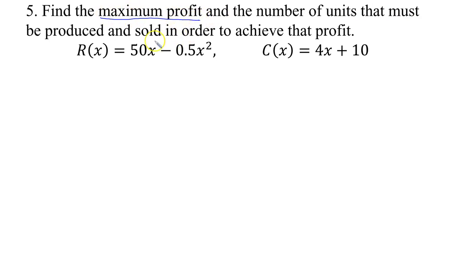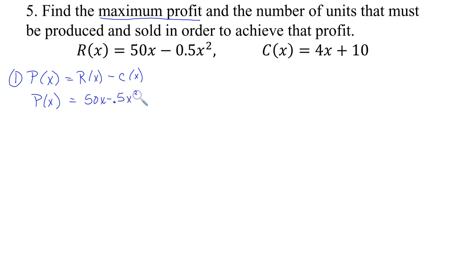But before we can do anything else, the very first thing that we have to do is find that profit function, remembering that profit is indeed our revenue function minus our cost function. And so our profit function for this problem is going to be 50x minus 5/10 x squared minus, I'm going to tell you, be very careful making sure that you do put this in parentheses, or just making sure that you distribute as you work the problem.